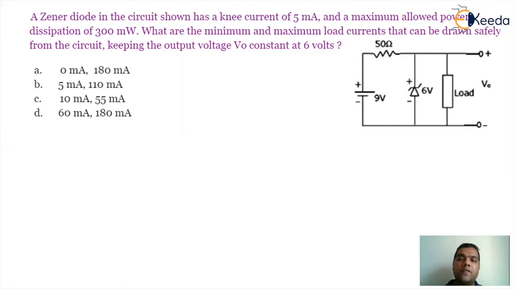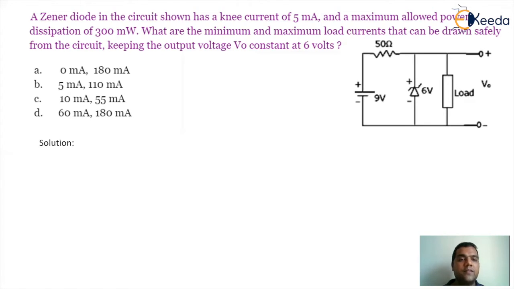If you observe the circuitry carefully, there is a 9 volt supply with a 50 ohm resistance and a shunt Zener regulator with a Zener drop of 6 volt and the load connected across the output point. We are supposed to find the minimum and the maximum value of load current provided that the output voltage VO is always maintained at 6 volt.